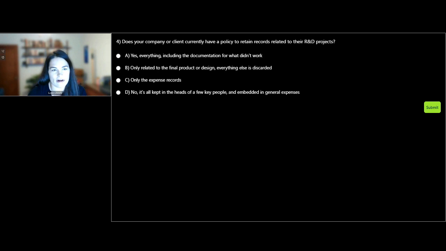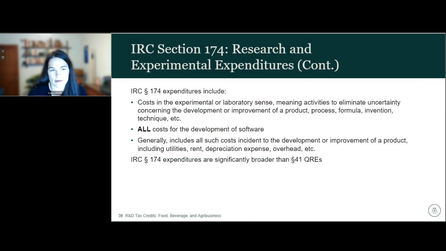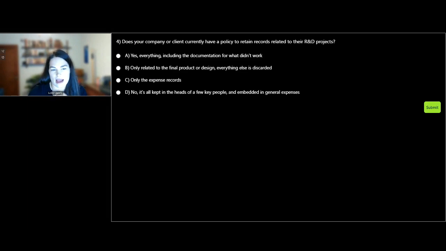I think we might have already asked that polling question, but we will ask it again for the sake of everybody getting their CPE. So feel free to provide the same answer, or if you want to mix it up, provide a different answer this time. But please do answer so that everybody can get their CPE.